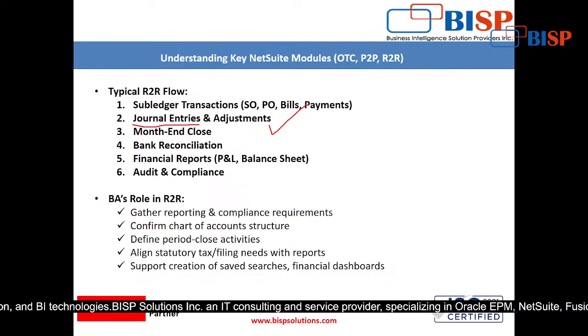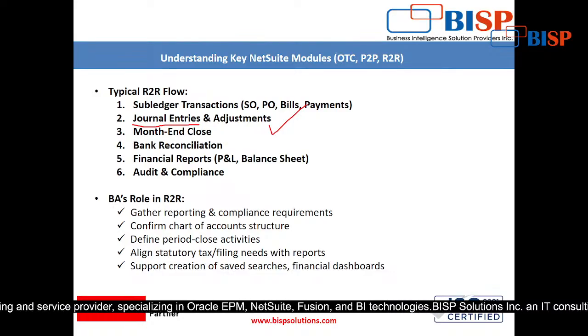Then you will see the month-end close, bank reconciliation, finance reporting, audit and compliance. All these things are done by accountants, but the business analyst understands exactly what they involve.